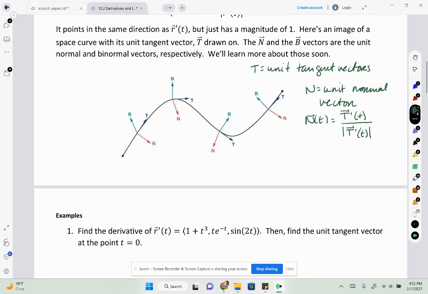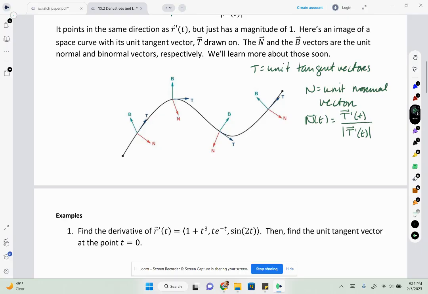These are called the TNB or BNT or NTB. People put them in different orders, but they create a set of three vectors that are all normal to each other, or we use the words orthogonal, orthonormal. They're all perpendicular to each other. And so in 3-space, that's possible.